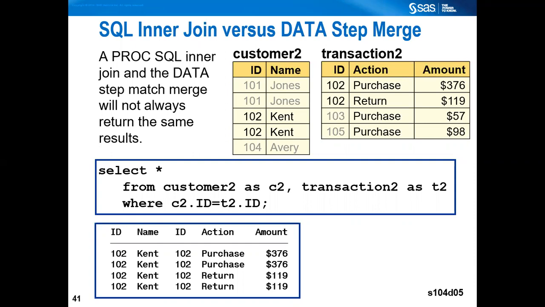Look at it carefully. So what is happening? If it would have been a data step merge, what would be the result? And this is the result for SQL join, which they are showing here.